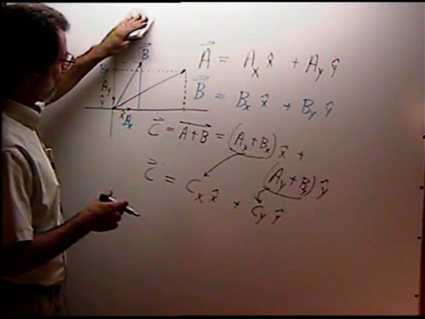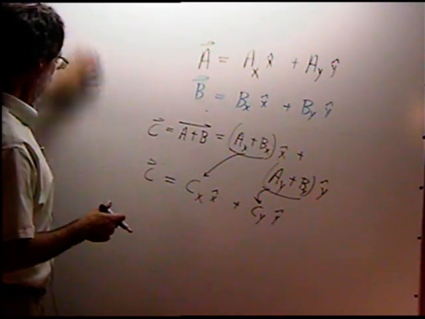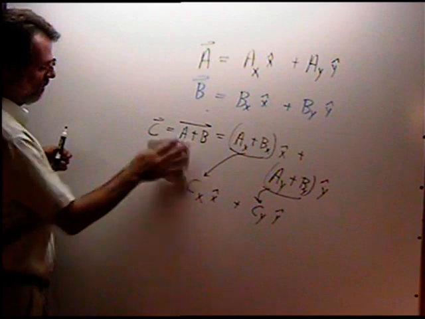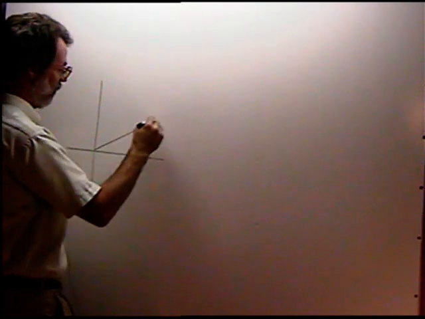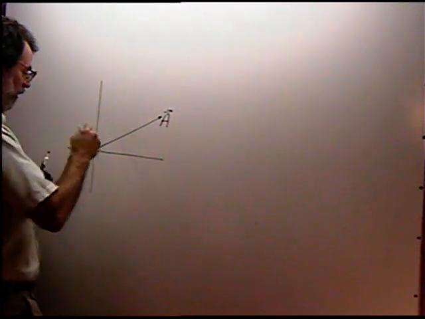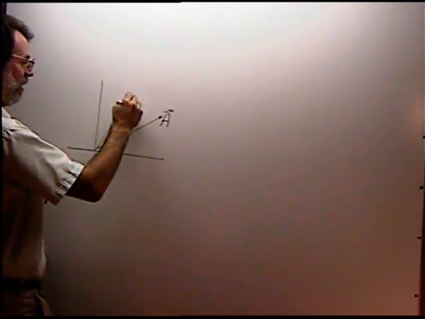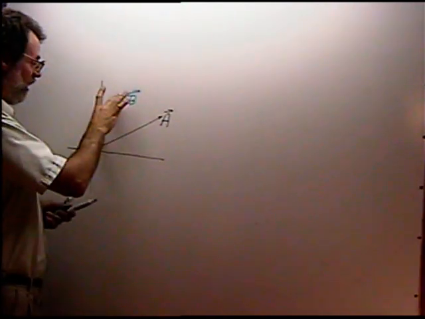To add these vectors up using geometry, I'm going to have to do this over here. What we do, if this is A and this is B, is we take one vector, it doesn't matter which one, and slide it.